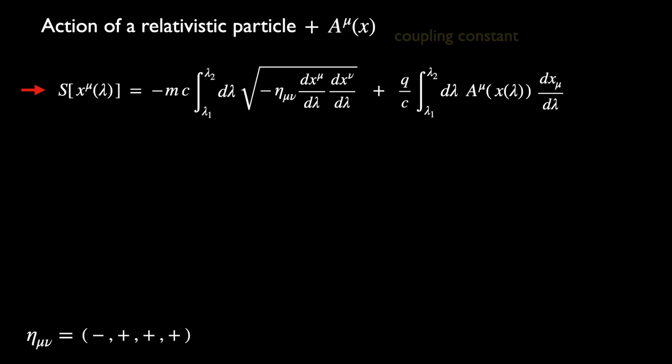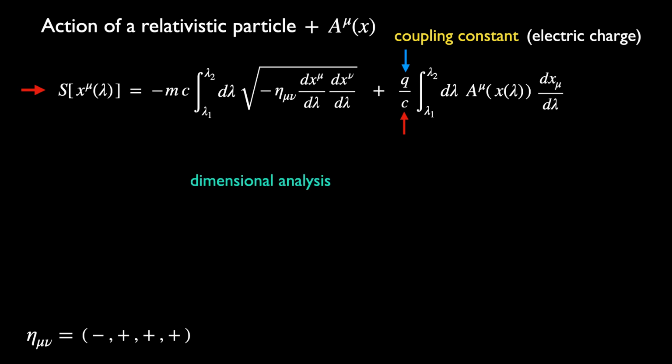Let's include a coupling constant Q, which determines how strongly a particle is coupled to the field, as well as a factor of c. This is included partly due to convention, and also such that we have the right dimensions for an action. Let's do some dimensional analysis.